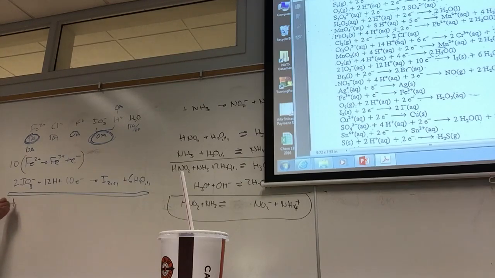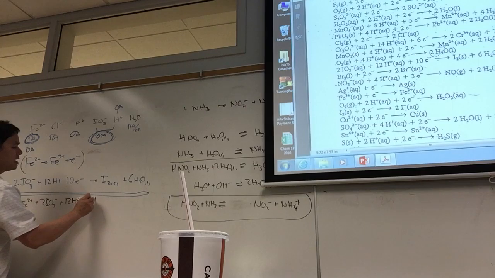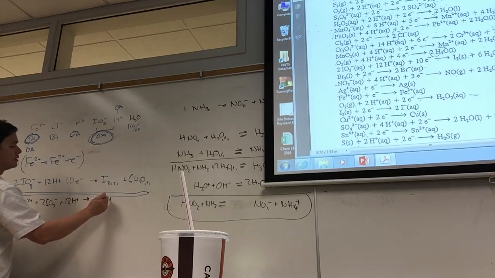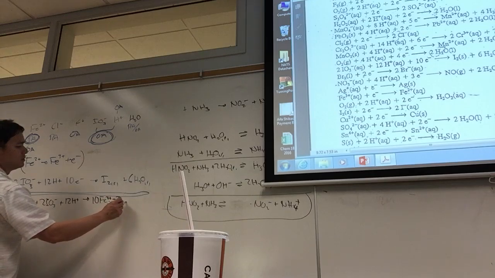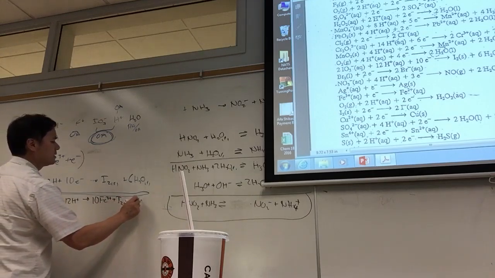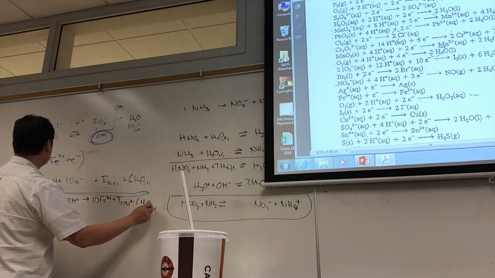And so I'm going to end up with 10 Fe2 plus, 2 IO3 minus, plus 12 H plus. The 10 electrons cancel out the 10 electrons. This is going to yield 10 Fe3 plus, I2 solid, plus 6 H2O liquid.